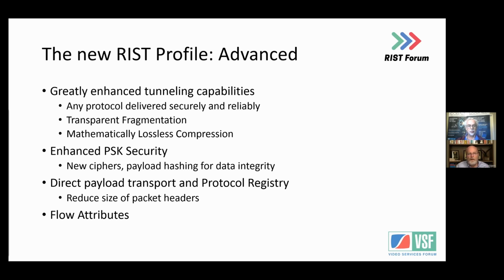In this case, we are making our fragmentation totally transparent so that even if we do have to chop a packet up into smaller ones, we can still get those transported. And of course, we will allow you to recover errors on either a full segment or a fragment of a segment. So that's always good.